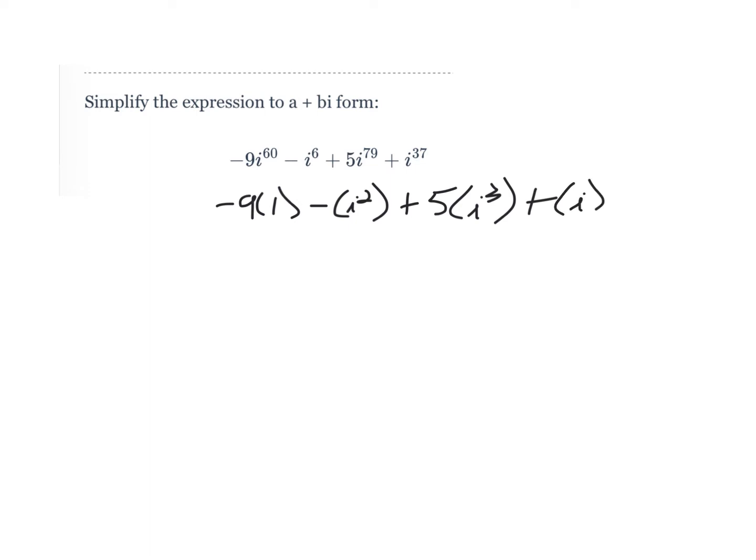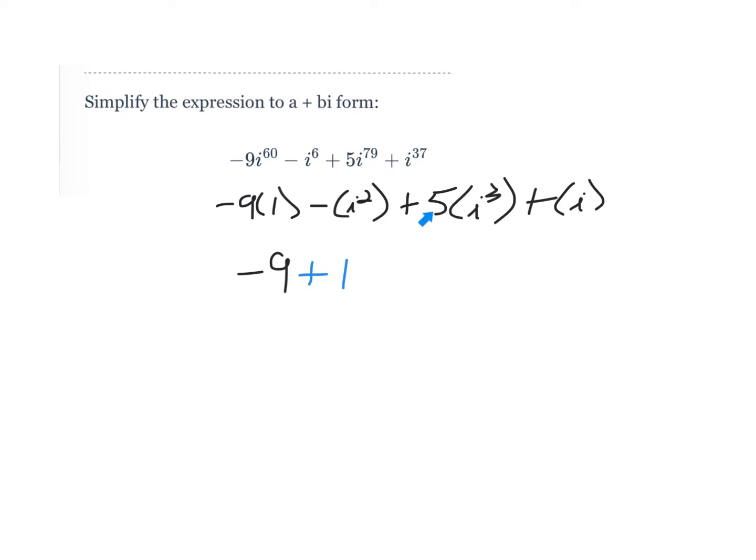All right. So now we're evaluating. Obviously, this I to the 60th became 1. So our first one's just negative 9. Okay. And then minus, well, I squared is negative 1. So minus negative 1 would actually become plus 1. So again, minus negative 1 becomes plus 1. So I'm just going to write plus 1.